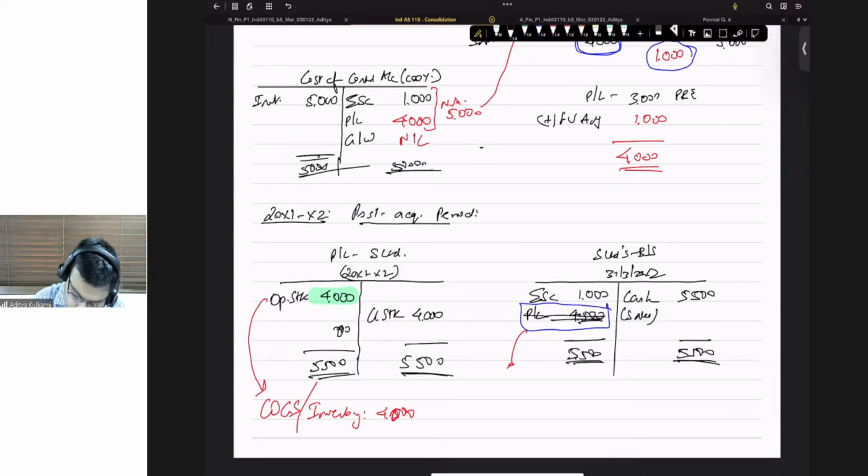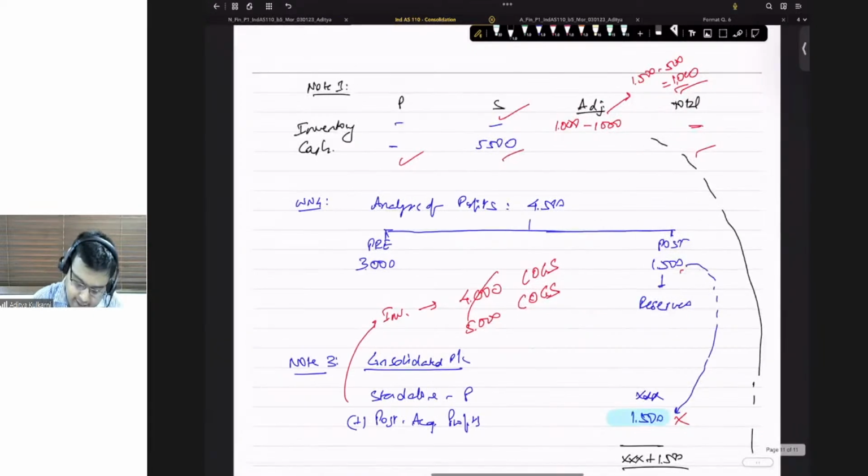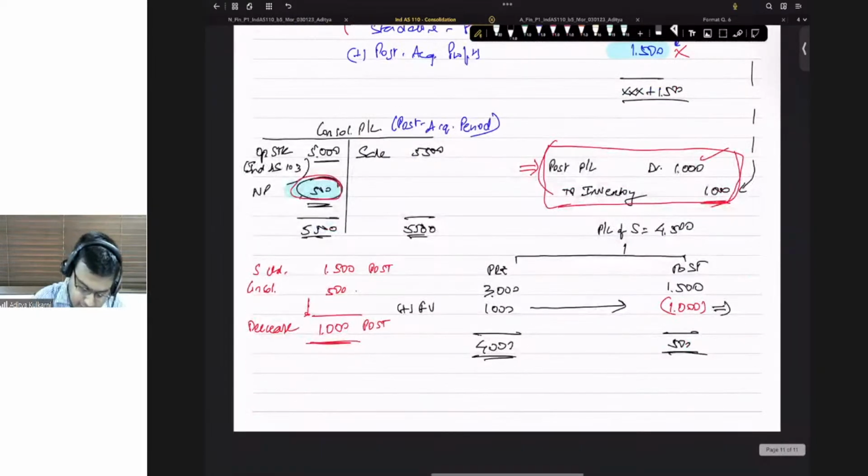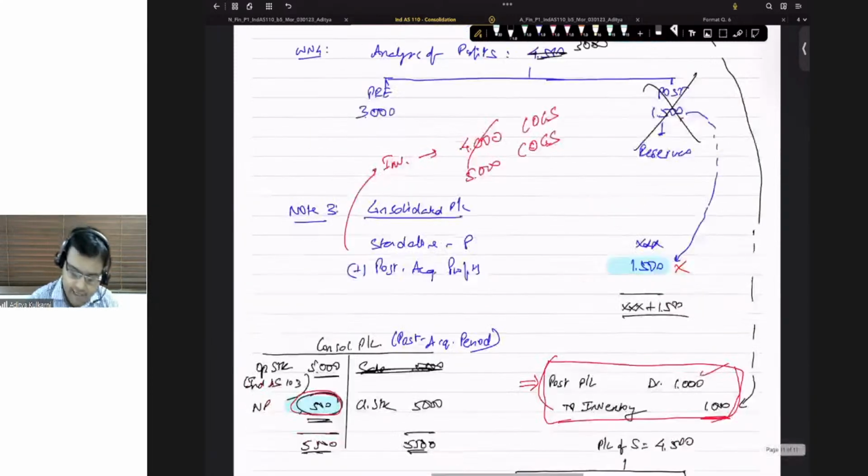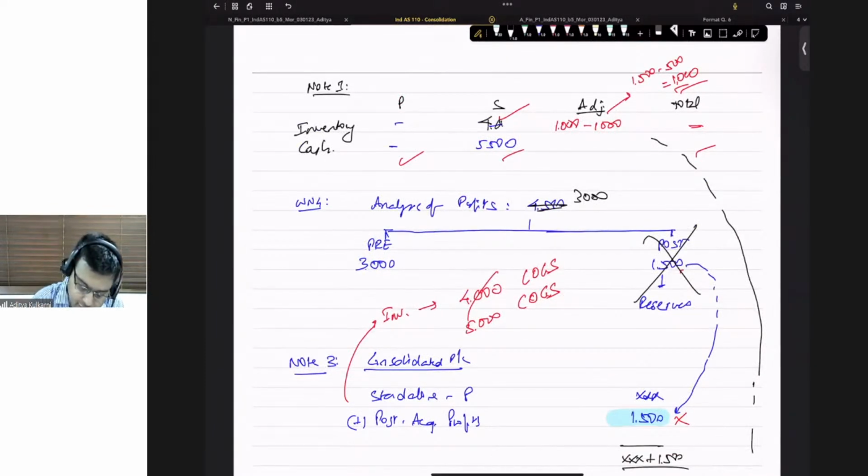So P&L would appear at 3000 only, and you would have closing stock of inventory at 4000, and here profits would be 3000. And in the consolidated P&L, opening stock of 5000 would appear as closing stock of 5,000. No other effect, because यहाँ पे inventory 4,000 पे आता था and total would automatically come at 5,000.